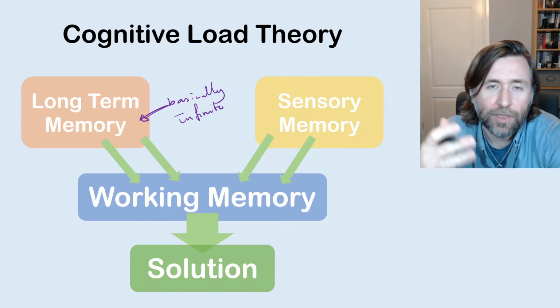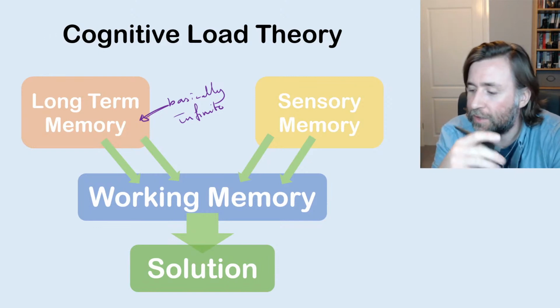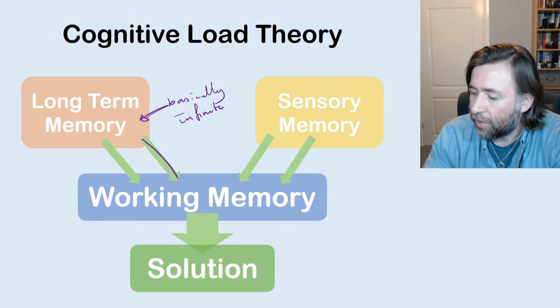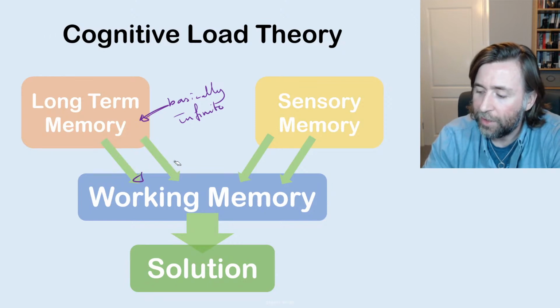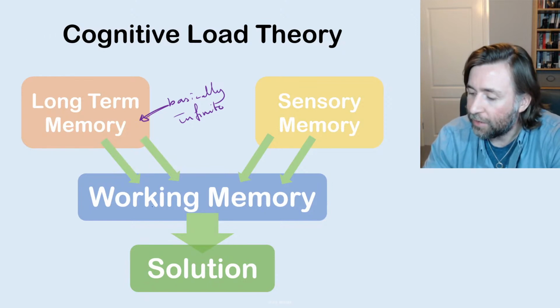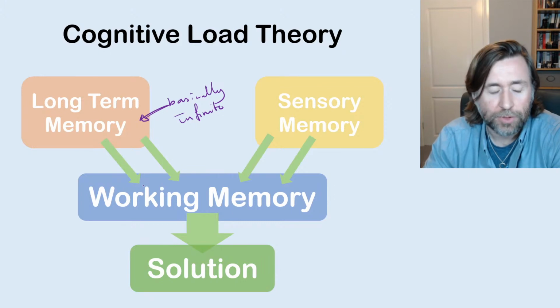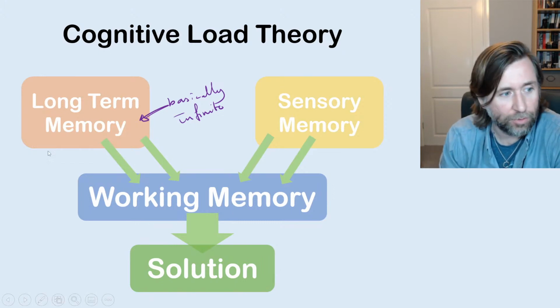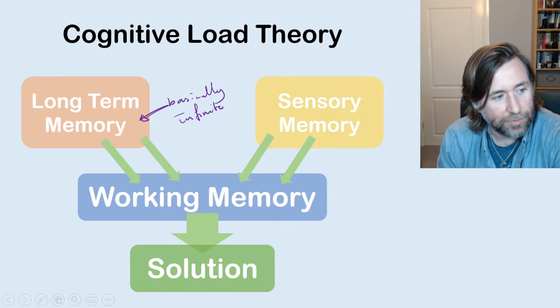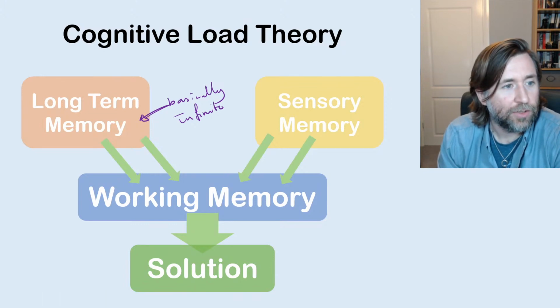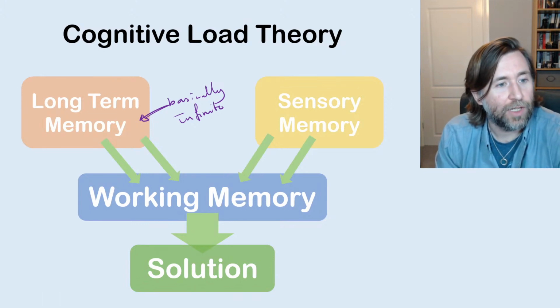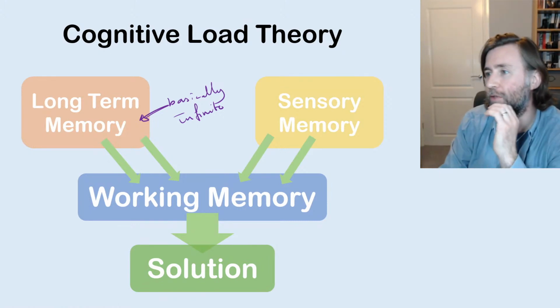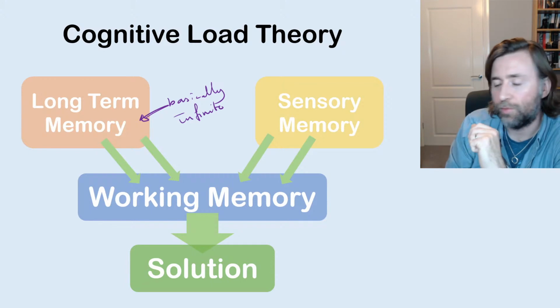So the way to limit the cognitive load, the way to make things easier in an exam, is to be able to move things from the long-term memory quicker and faster into the working memory to solve problems. So that is why something like retrieval practice is such a good exam technique. It's because the more you have in that long-term memory, the quicker you're going to bring those things to mind to solve the problem.